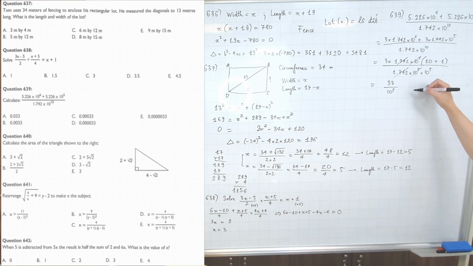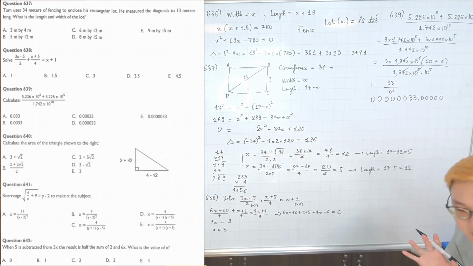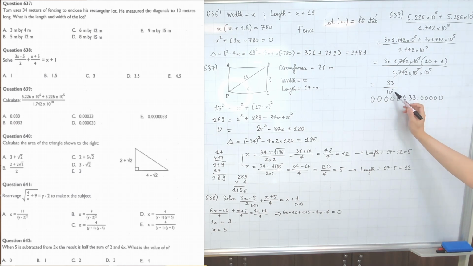So if we have 33, it means 33.00000, and you can write a lot of zeros before that, right? Divide by 10 to the power 5, which means you move to the left by 5 units.